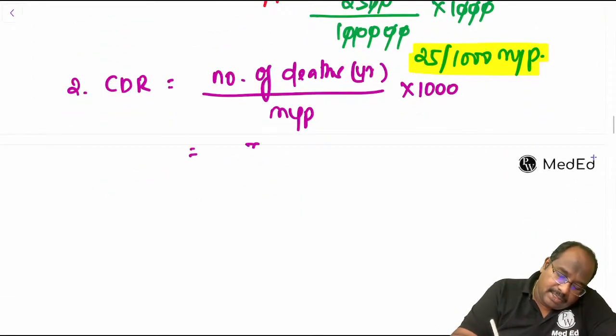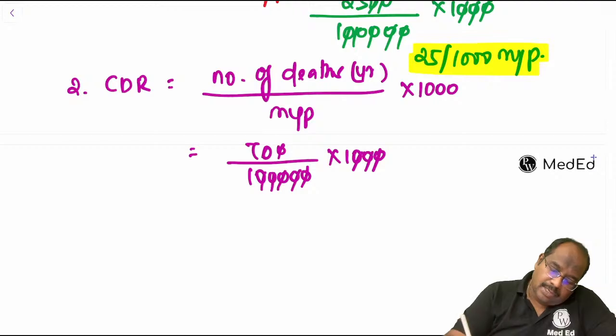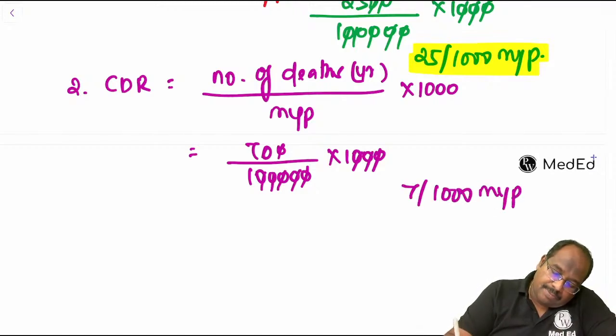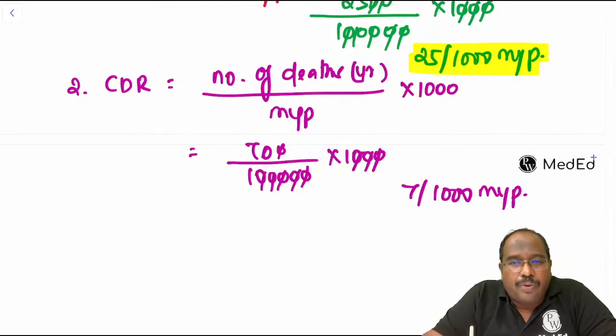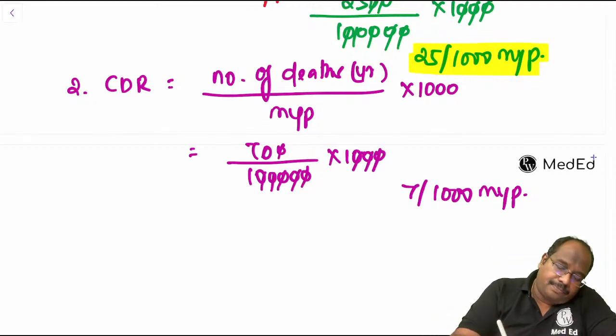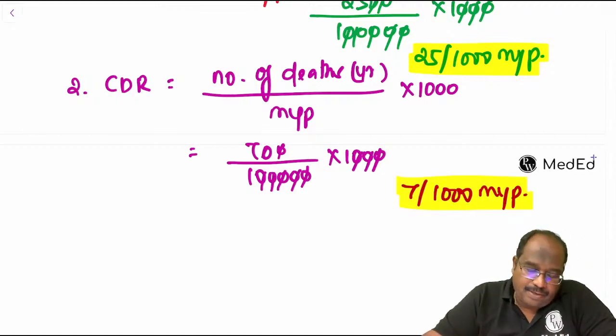So 700 by 1 lakh multiplied by 1,000. How much is it? It is 7 per 1,000 mid-year population. The crude death rate is 7 per 1,000 mid-year population.